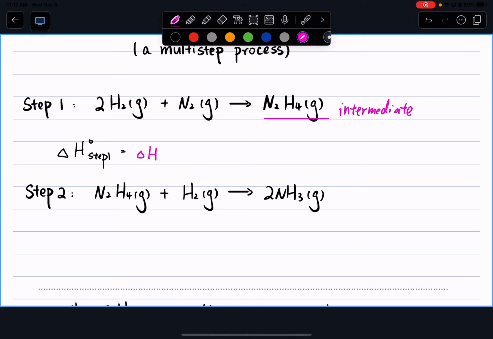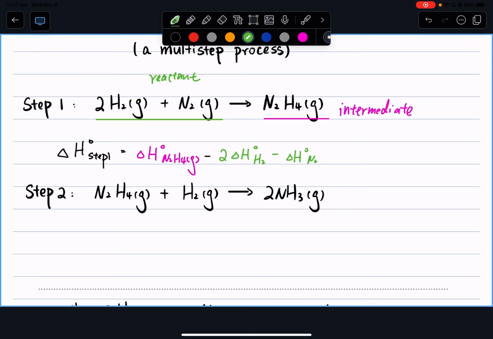So the delta H naught of your intermediate N2H4 gas minus your reactants, and in the process, just keep in mind to use your stoichiometric coefficient: minus 2 times delta H naught of H2 minus delta H naught of N2.